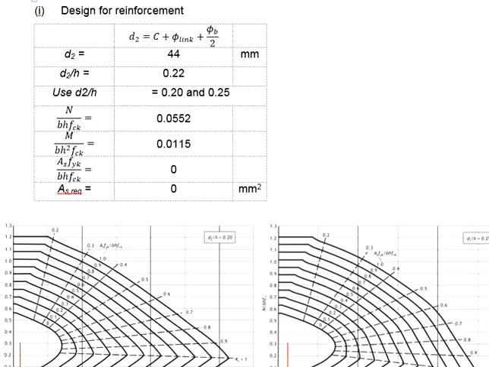Among the design charts, there is no design chart for 0.22. However, we have the design charts of 0.2 and 0.25. Theoretically, in order for you to determine the amount of reinforcement bar, you will have to refer to both design charts, and then whatever values that you obtain from both charts, interpolate them to the D per H equals to 0.22.